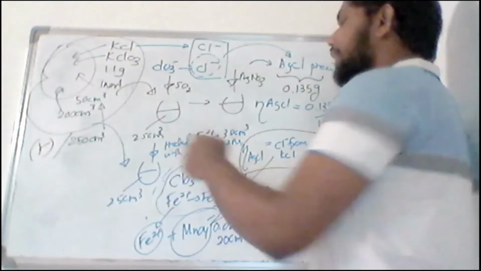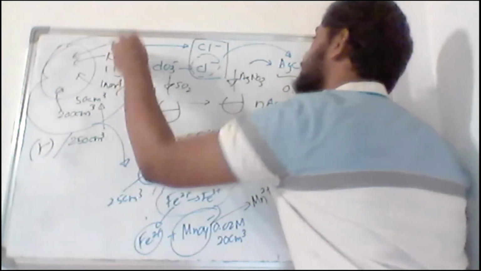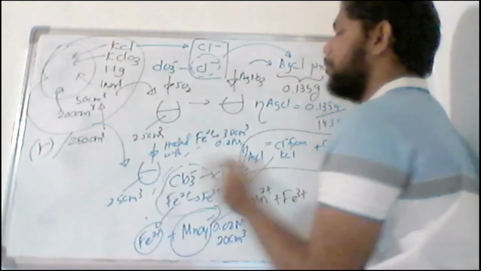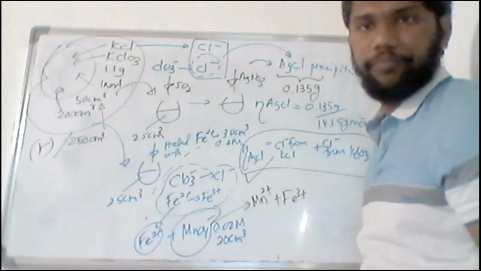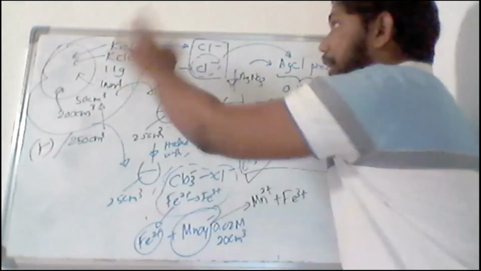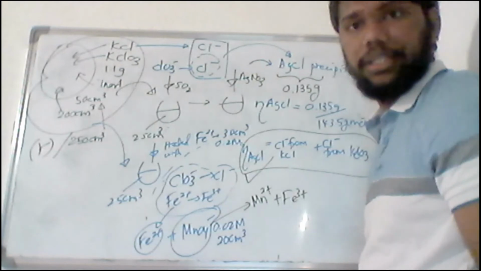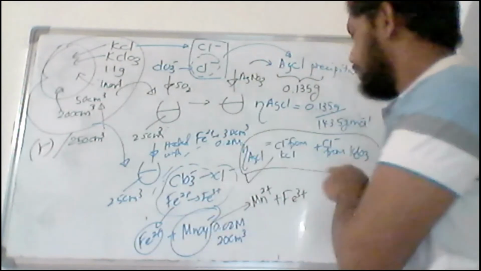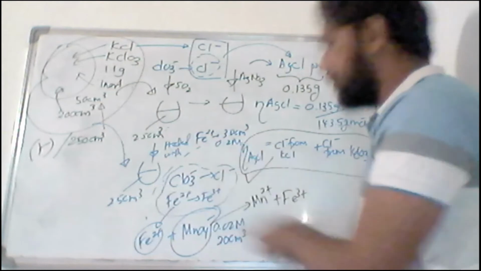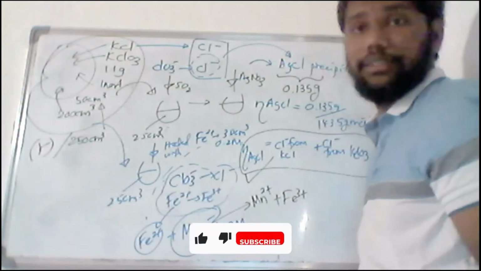The second procedure says, when it is heated with Fe2 plus, only ClO3 minus in the solution is going to reduce to Cl minus. Which gives the idea that from the second step, we can find the amount of ClO3 in this mixture, because here they have given a description stating that only ClO3 minus is going to react.